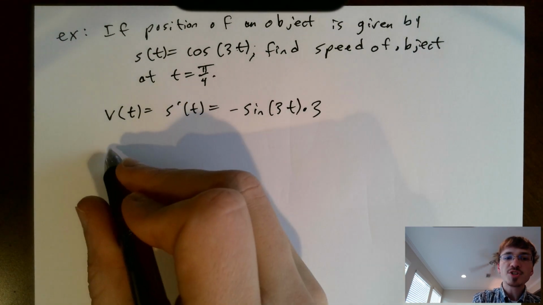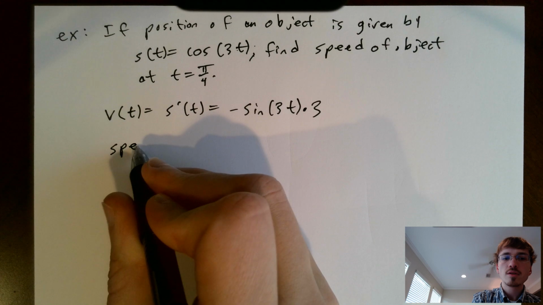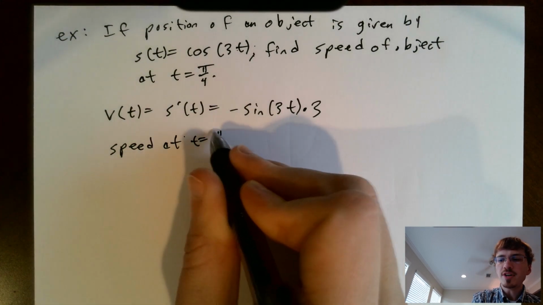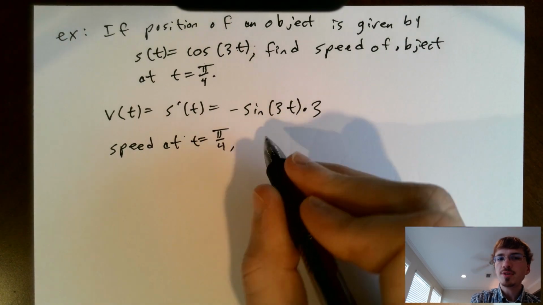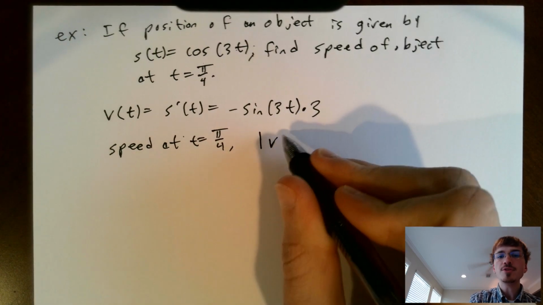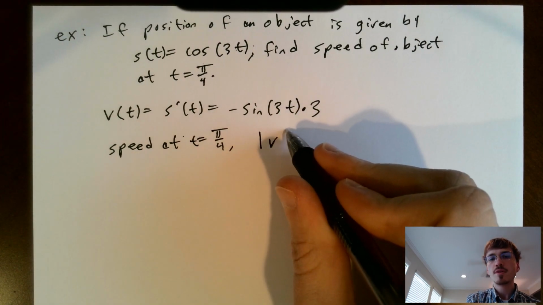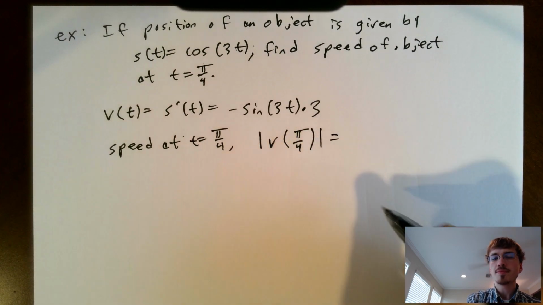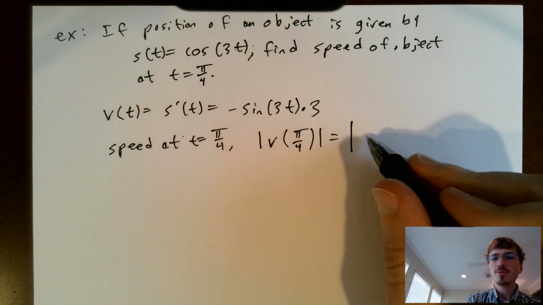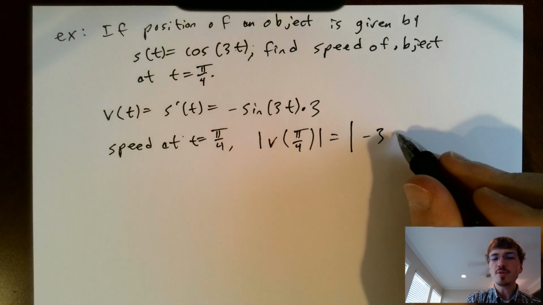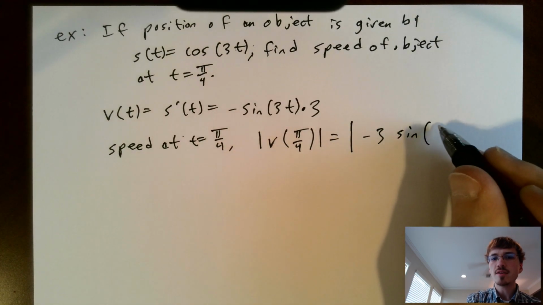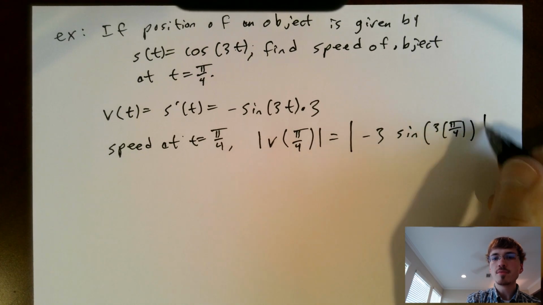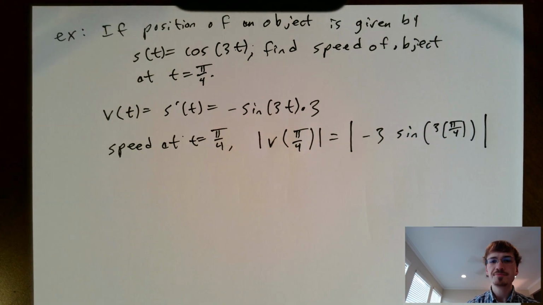And now for the speed at t equals pi divided by 4, we simply need to compute the absolute value of v of pi over 4, which is the absolute value of negative 3 times the sine of 3 times pi over 4. Easy, right?